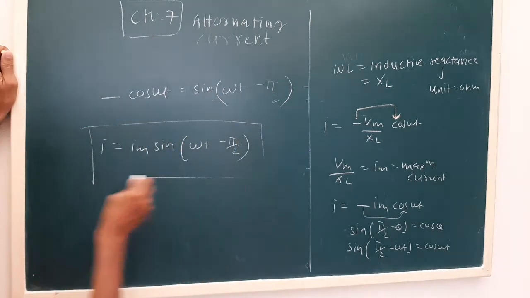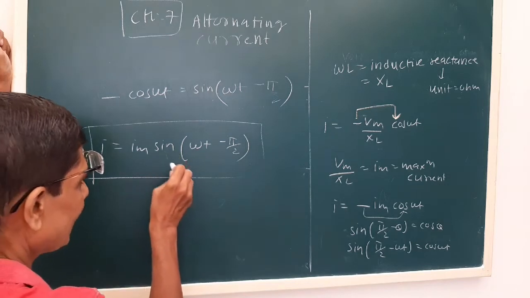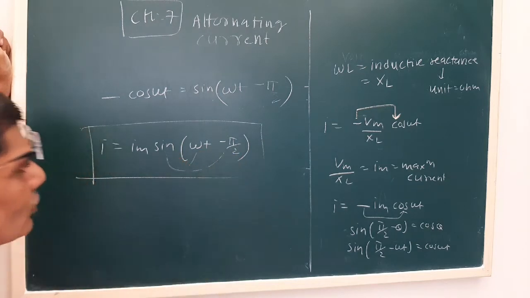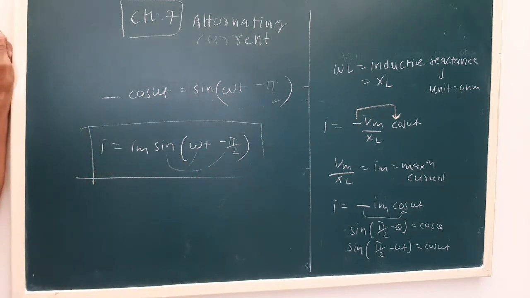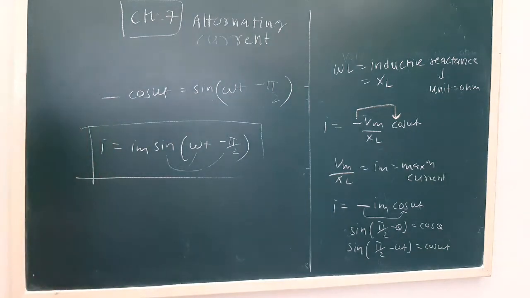Now this is the formula of the current for the AC circuit with only inductor. The voltage supplied is sin omega t, the current is sin omega t minus pi by 2. So that suggests that in the AC circuit with only inductor, current is behind voltage by pi by 2.